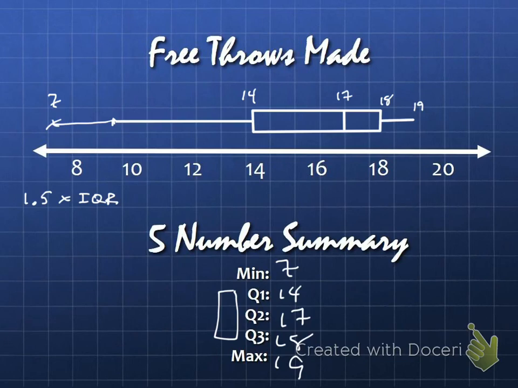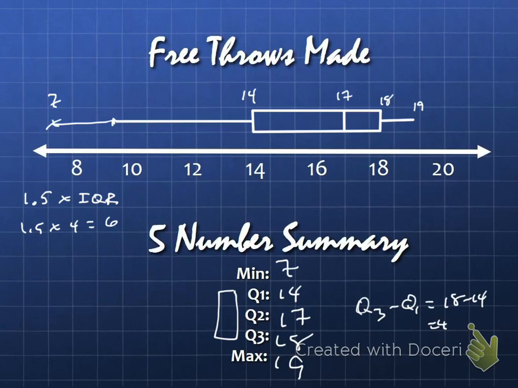Remember, the interquartile range tells you how spread out your middle 50% is. So here our interquartile range is Q3 minus Q1. We get 18 minus 14, which is 4. So we find out what 1.5 times 4 is, which is going to be 6.